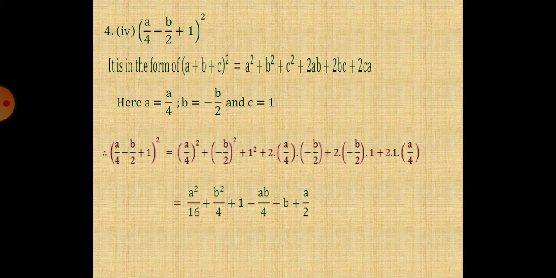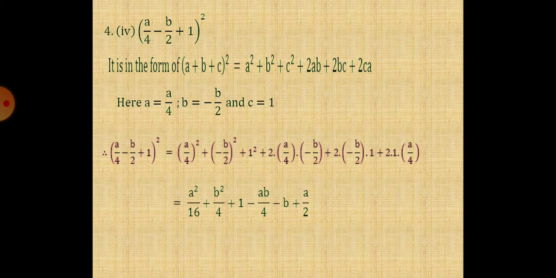In the next term the 2 gets cancelled and the resulting term is minus b, and in the last term 2 into 1 into a by 4 gets cancelled by 2 and the resulting term is a by 2. Thus the expanded form of a by 4 minus b by 2 plus 1 whole square is a square by 16 plus b square by 4 plus 1 minus ab by 4 minus b plus a by 2.